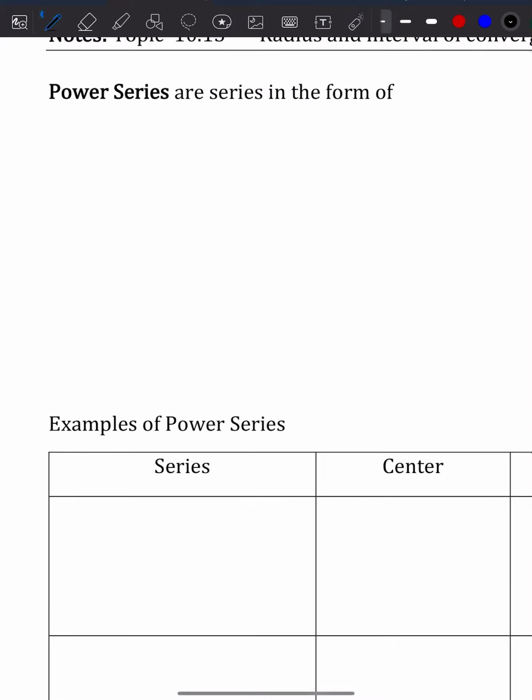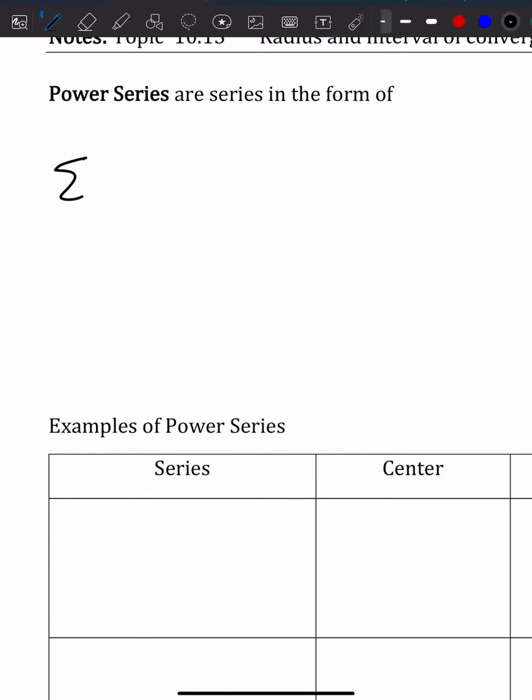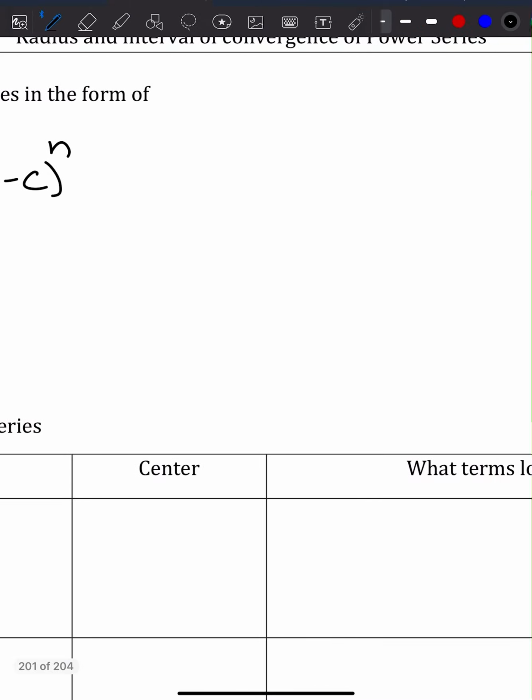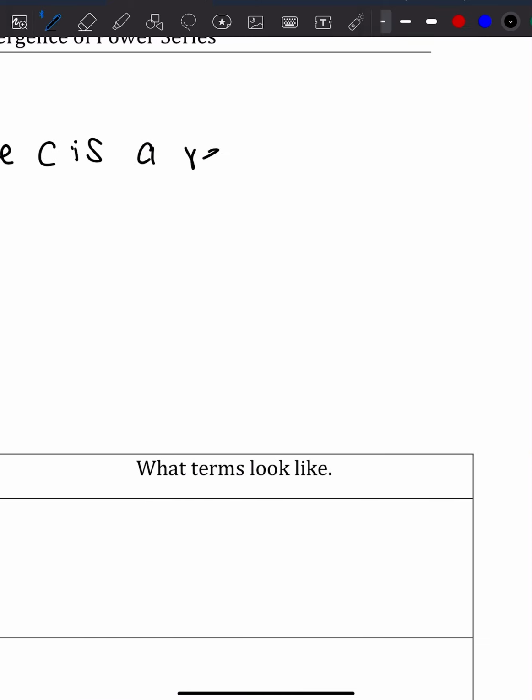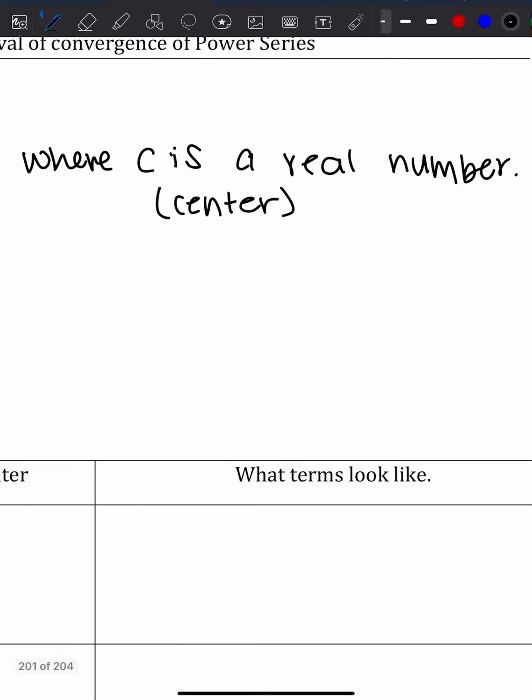Power series are in the form of the summation from n equals 0 to infinity of a sub n, so any sequence at all, where we're also multiplying it by x minus c to the n power. A lot of our things are still the same, so c is our center. c is a real number, which happens to be our center. x is x, like it's actually x.